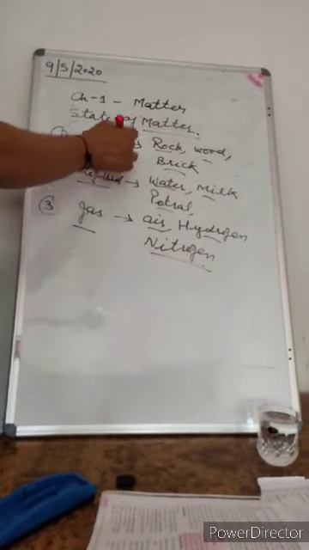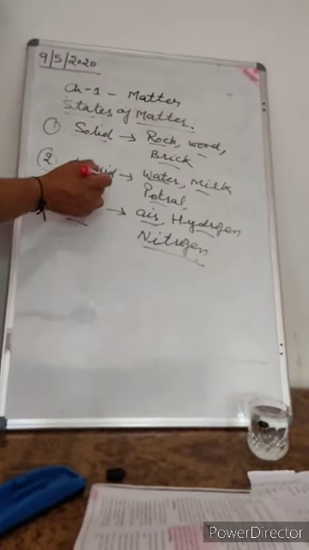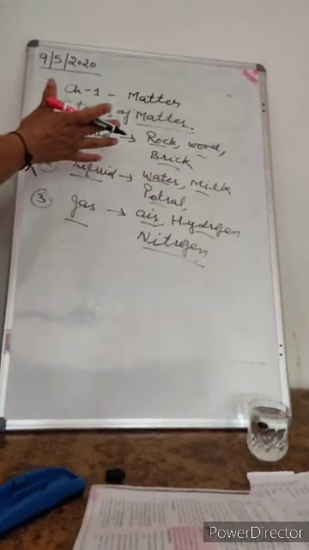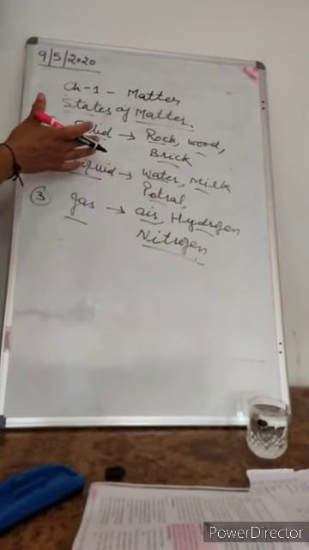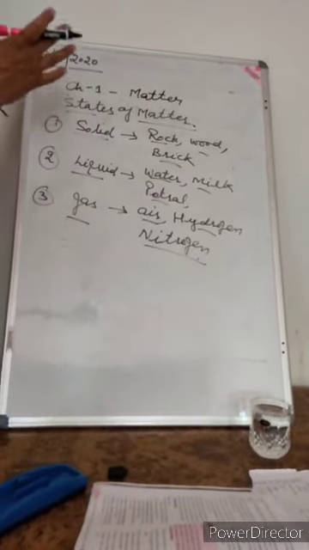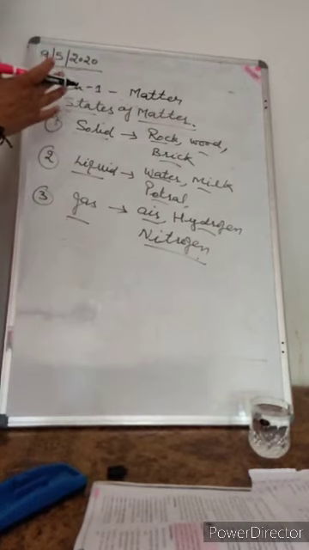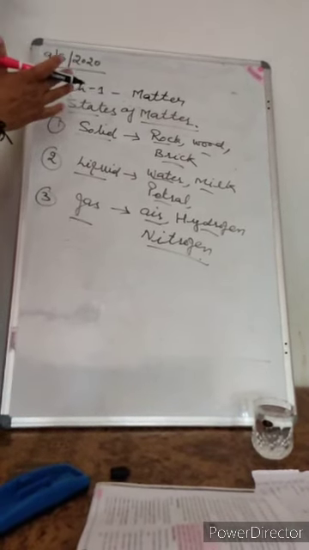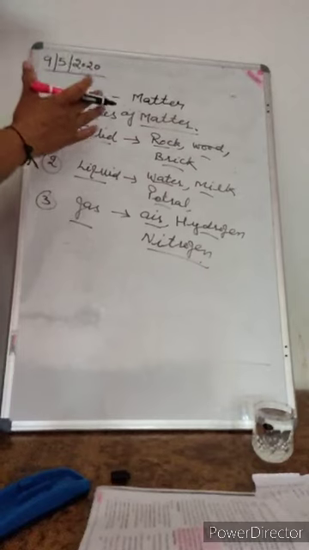Now all these groups can be differentiated with the help of their characteristics. There are two main factors which influence the state of all matter.